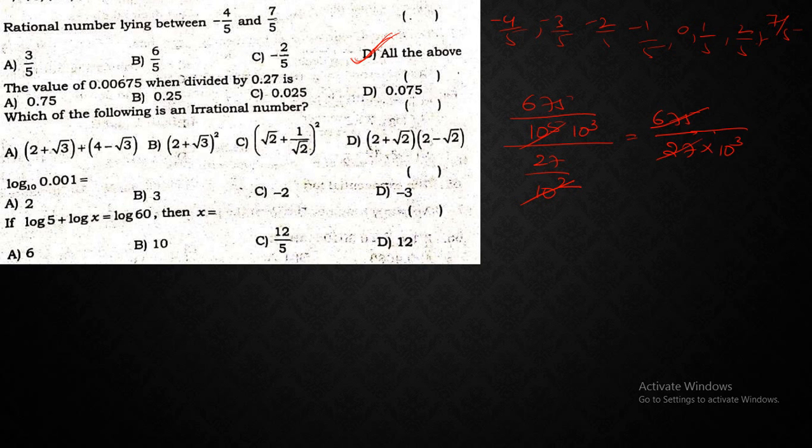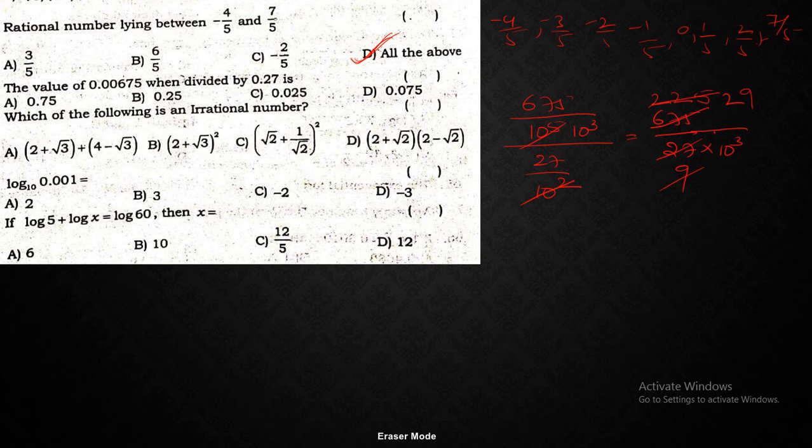Now cancellation. 6 plus 7 plus 5 is 18, so clearly this is divisible by 3. In 3 table, or directly in the 9 table, I can cancel it. So in 9 table, 9 2s are 18, and 9 5s are 45.